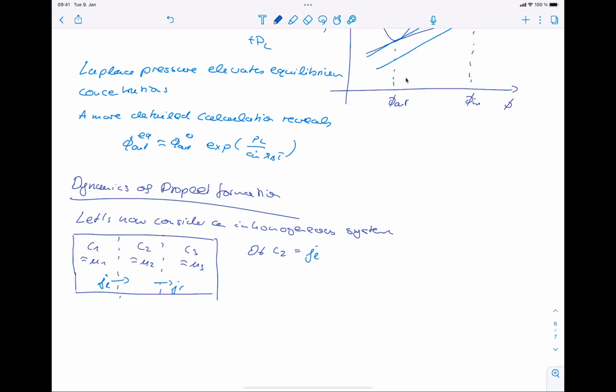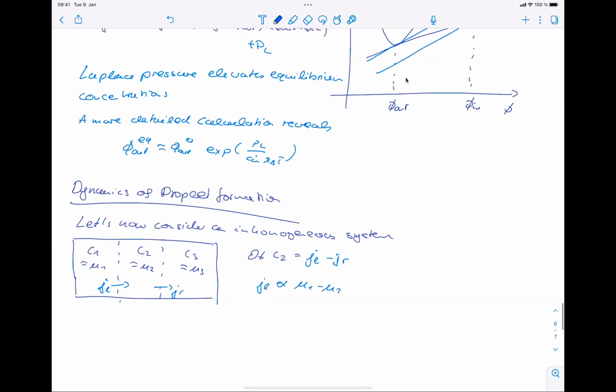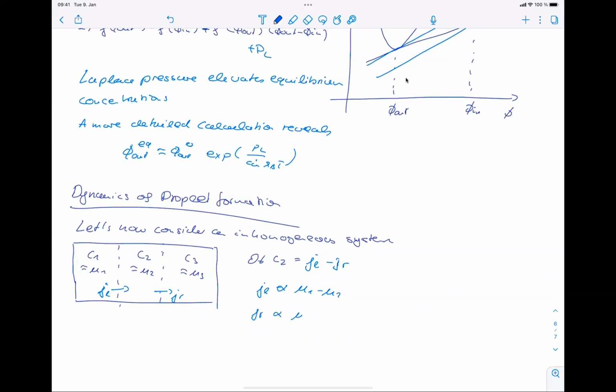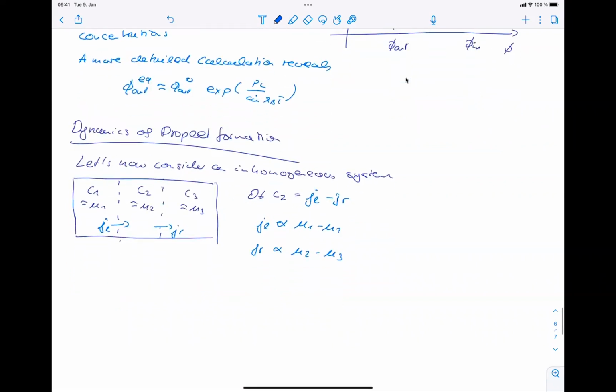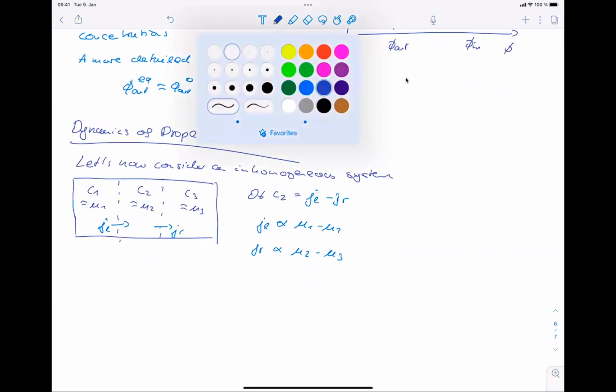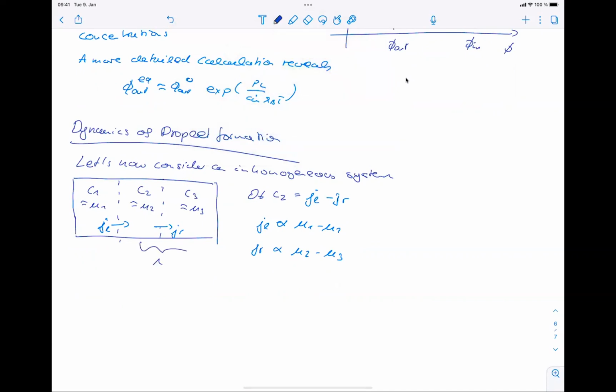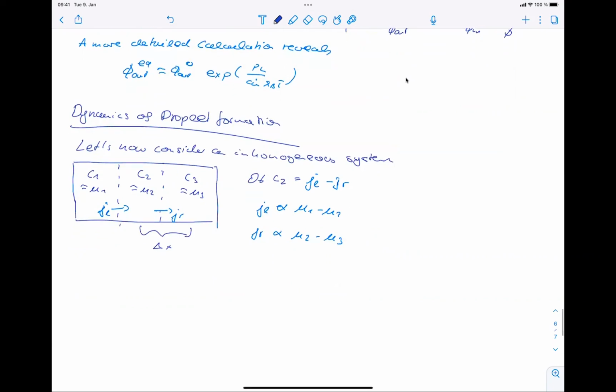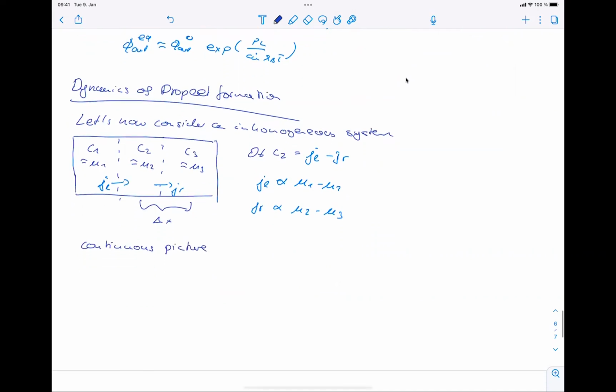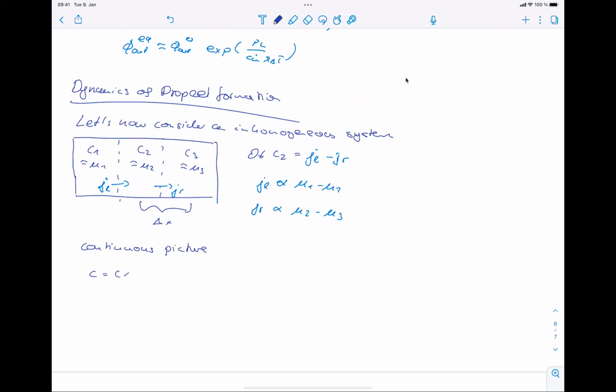So it's J_L minus J_R. And the magnitude of this flux is proportional to the difference in chemical potential. And this is all happening over a scale delta x. If we go to a continuous picture, the concentration is a function of x, and also the flux is a function of space.